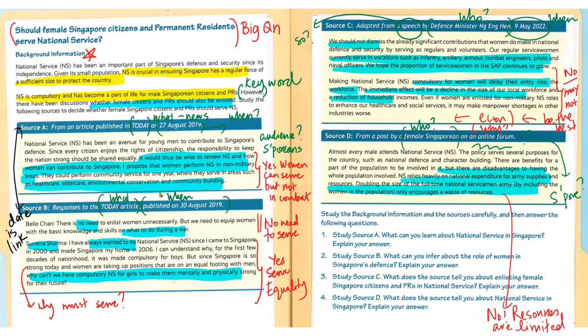So when later on certain skills, when we do comparison, these are important things to highlight. All right, so take note of how we annotate. This is basically how, as a teacher, I would do. So it is highly important and highly compulsory for you to actually annotate your sources.